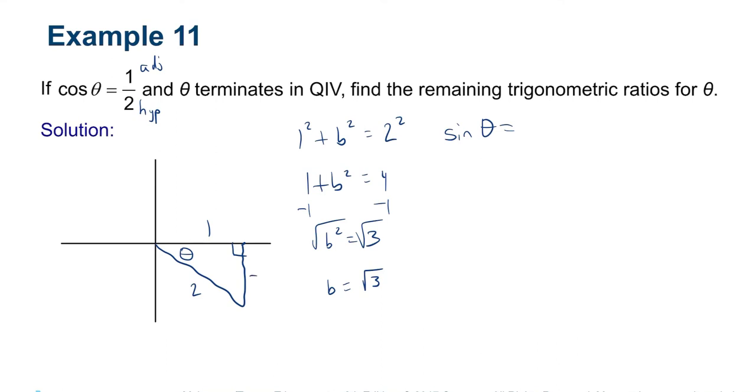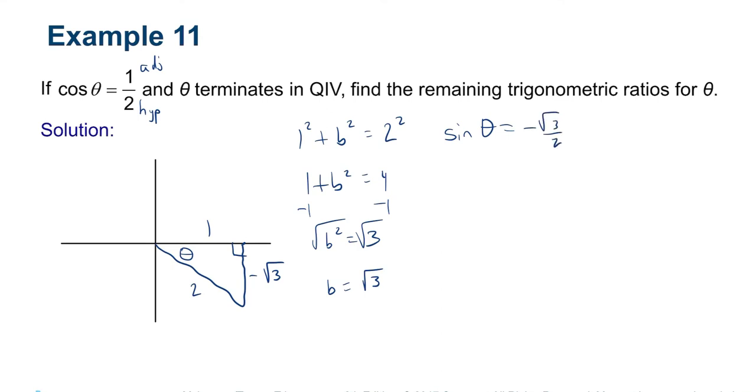So this is actually negative radical 3, not positive, because you're going down. So sine would be opposite over hypotenuse: negative radical 3 over 2.